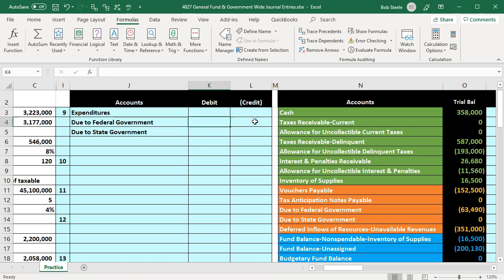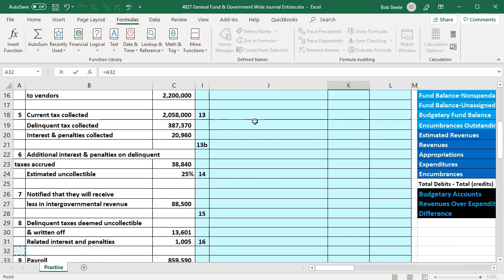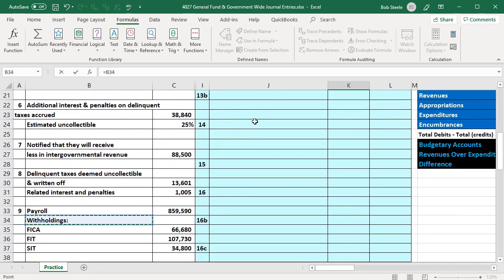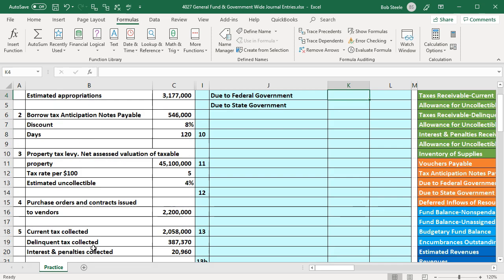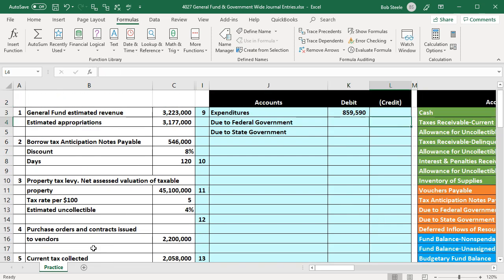So the data then we're going to say is equal to, I'm going to pick up our information down here, and we're all the way on number 9. We had this amount for the payroll, and then FICA and FIT, that's Social Security and Medicare, if they're subject to those, FIT, federal income tax, SIT, state income tax. So this would be the wages expense.